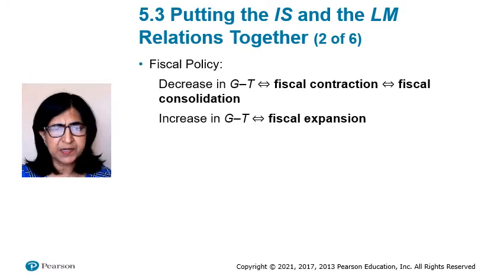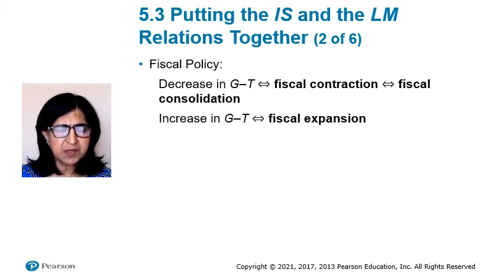Fiscal policy is implemented through changes in G or T or both, where G refers to government spending on goods and services and T refers to taxes minus transfers.